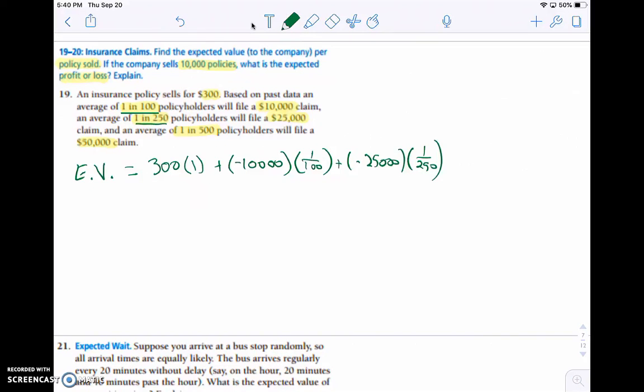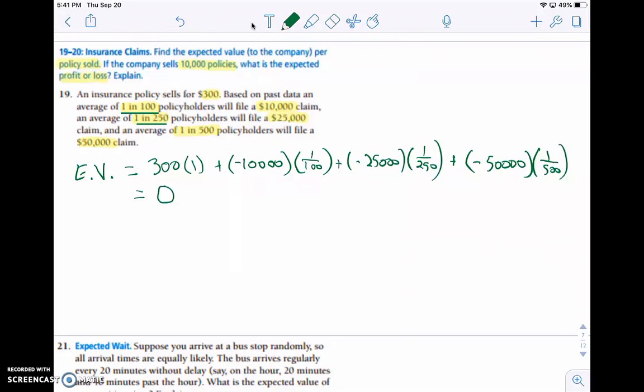And then plus a loss of $50,000 for every 1 in 500 policyholders. So if I multiply those together and then add them up, I will get exactly 0.